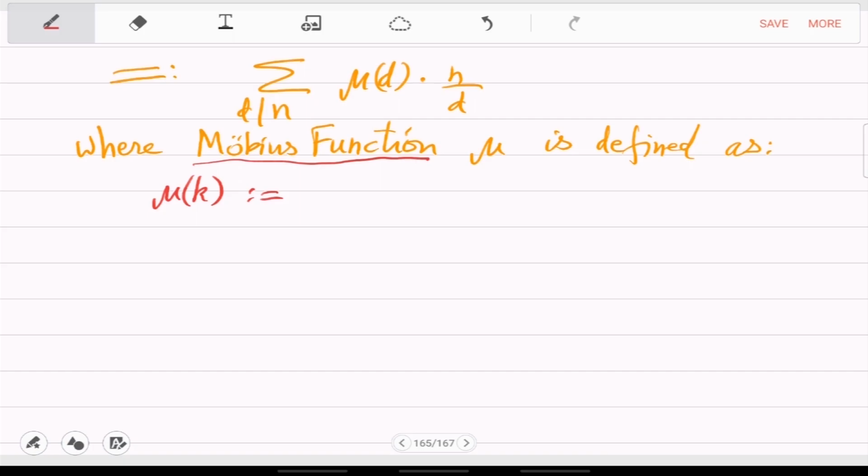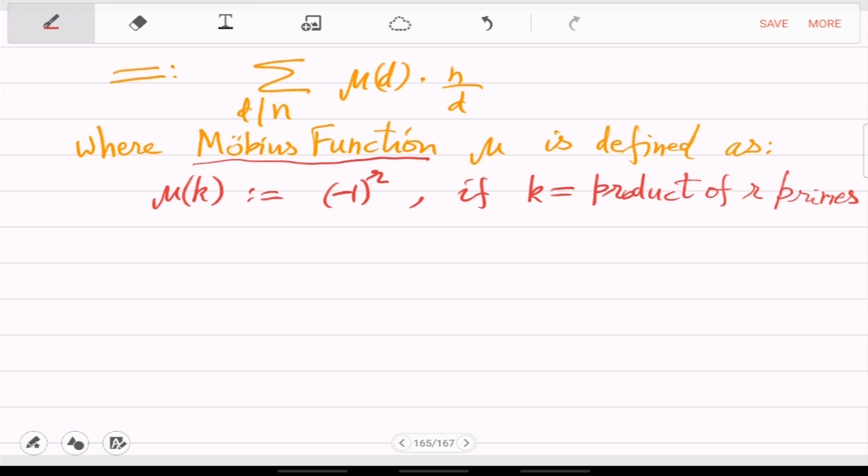It is -1 to the r if k is equal to a product of r primes, with each prime appearing exactly once. So p1 times p2 dot dot pr.